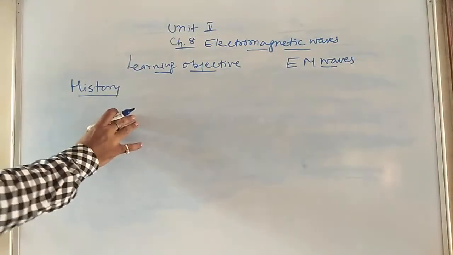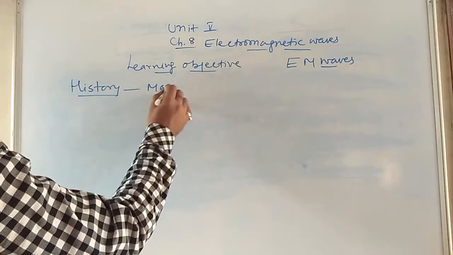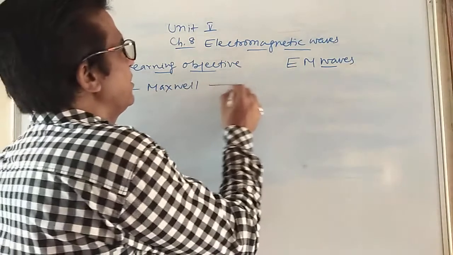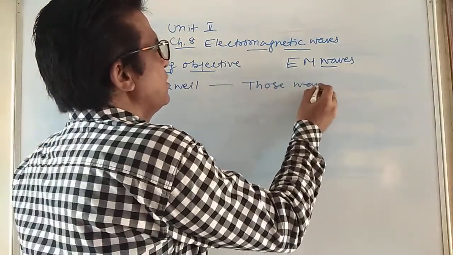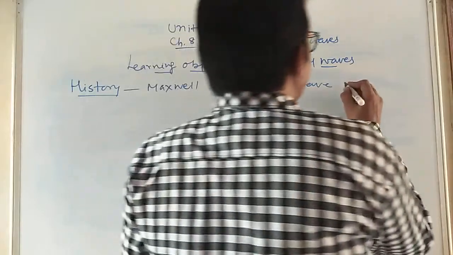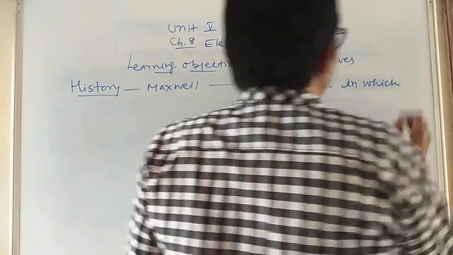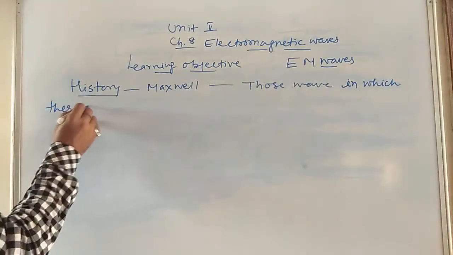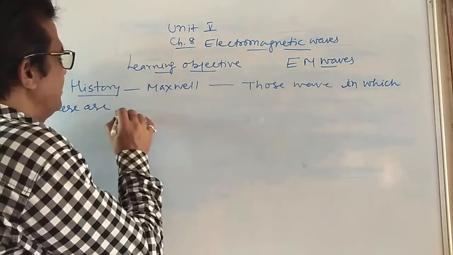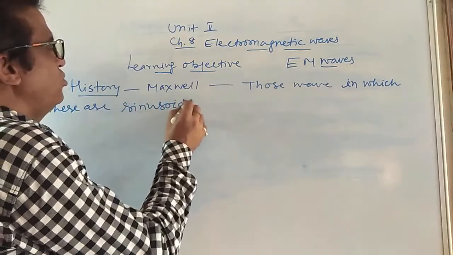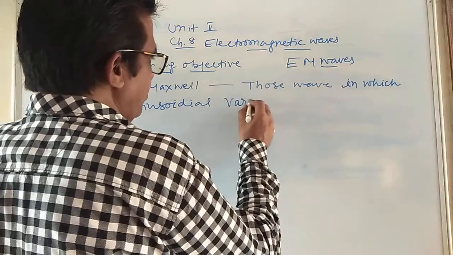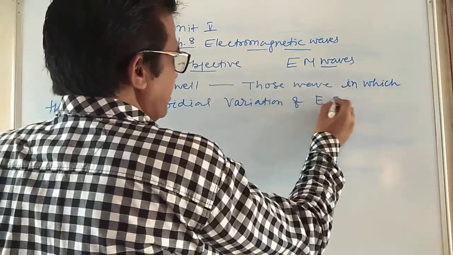Now, my dear children, according to the scientist Maxwell, electromagnetic waves are those waves in which there is sinusoidal variation of electric and magnetic field.